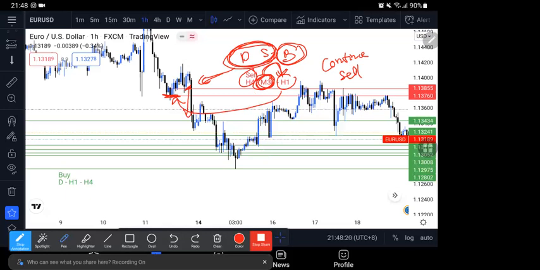Benda sama aja, kita just repeat. We can find the setup on the entity, or we can use entity as direction and find the setup at M5. It doesn't matter. We just use the whole formula. No problem at all.